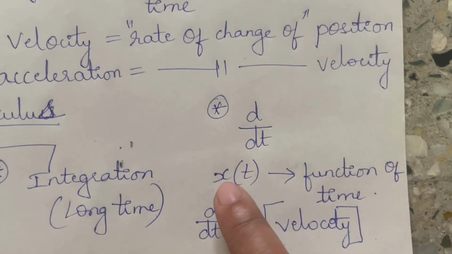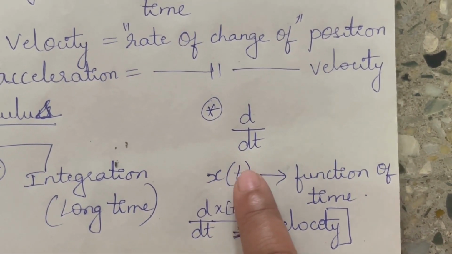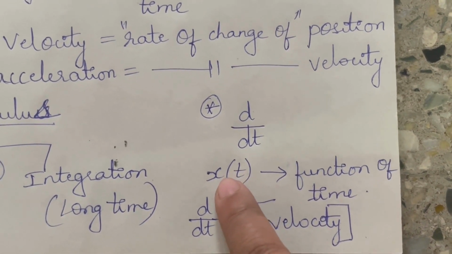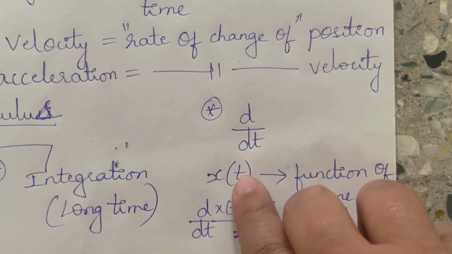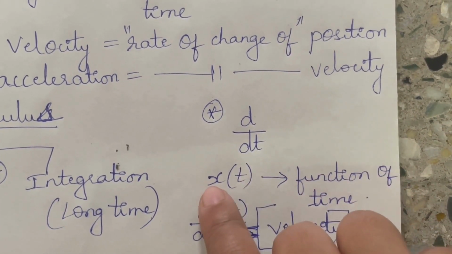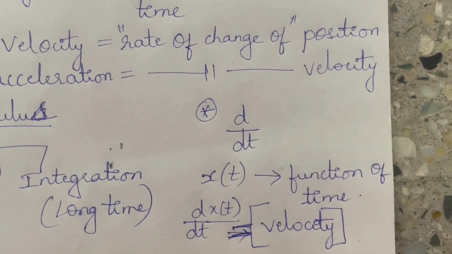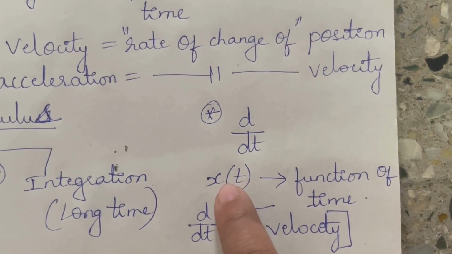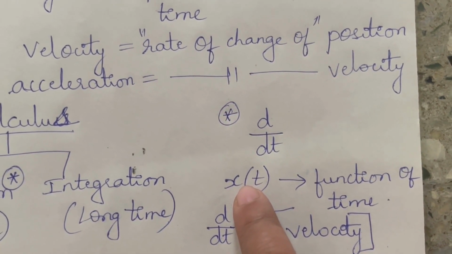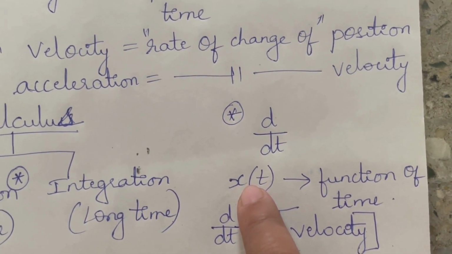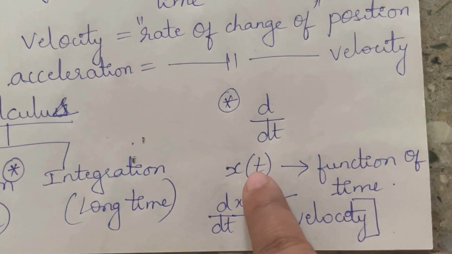So this is x of t. X here outside and inside the bracket there is t. This is seen as function of time. So the input is time and the output is, this is the function of time. So whenever I was trying to explain this to my son, nowadays kids are all very good in coding. So all kids would have tried their hand at some or the other form of coding. So my son said it is very simple.